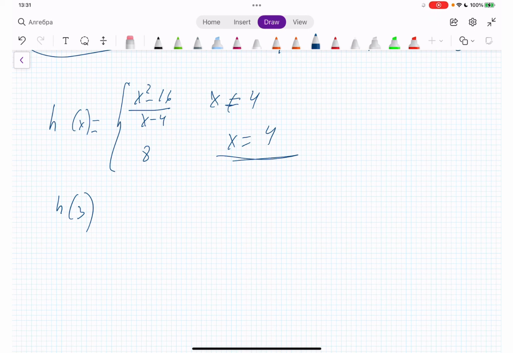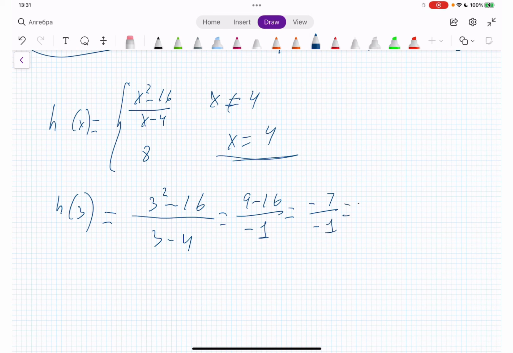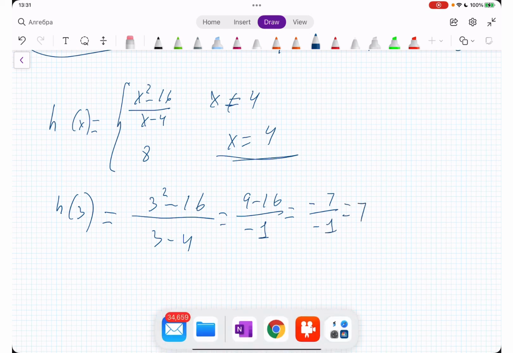So x cannot be equal 4, so let's satisfy this condition, because indeed we have 3, not 4, so it does satisfy. And here we are plugging 3 squared minus 16 over 3 minus 4. It's going to be 9 minus 16, and 3 minus 4 is negative 1. Negative 16 plus 9 is negative 7, divided by negative 1. It's going to be positive 7.